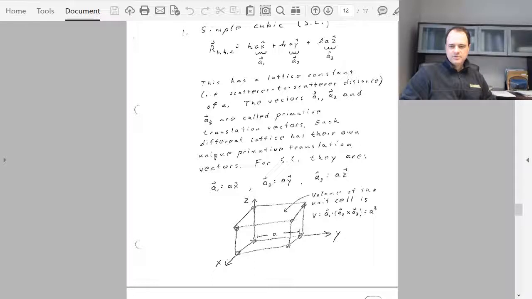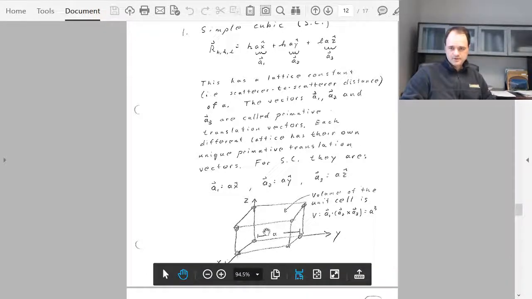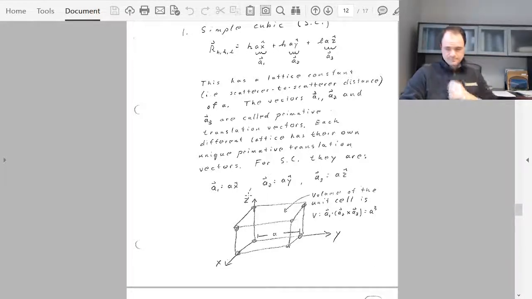And in 3 dimensions, you have 3 of them. One going in the x, one going in the y direction, one going in the z direction. In two-dimensional arrays, you only have 2 primitive translation vectors. All right. For the simple cubic, they're simply given by what I denoted here, or collected down here. A1 is equal to a x-hat, A2 is equal to a y-hat, A3 is equal to a z-hat.